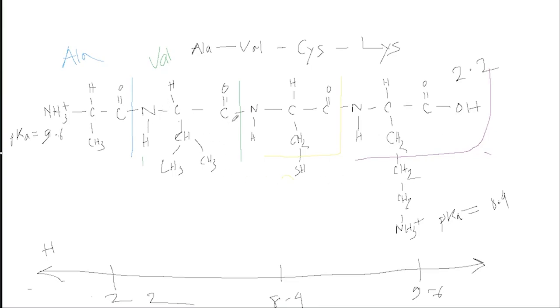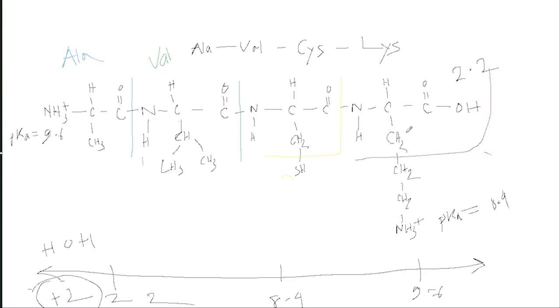There are no charges of valine, neither are there any charges of cysteine, but there are charges of lysine. So the carboxylic group at a pH below 2.2 will still be COOH, so it will be 0. And the side chain group of the lysine will be NH3 plus because it has a pKa of 8.4, so it will be plus 1. So the total will come down to plus 2. Okay.